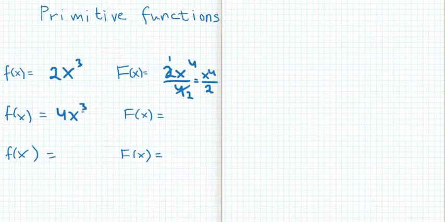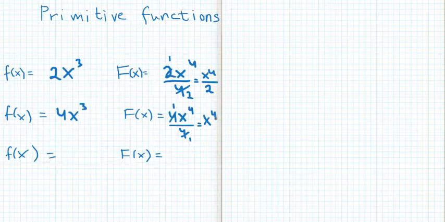Same thing, 4x. I increase the 3 by 1, so it's going to be to the power of 4, and then over 4. And here we can cross out the factor 4 in the numerator and in the denominator. So I have 1, 1. So the answer would be simply x to the power of 4.